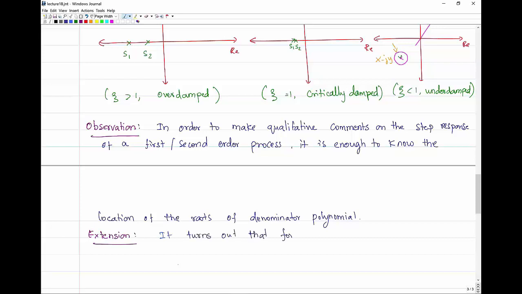And it turns out that this observation can be extended to processes with transfer functions of any order.